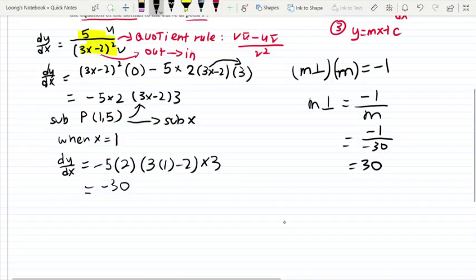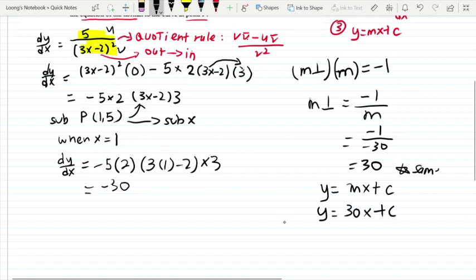Finally, to construct the equation, we use the formula y equals mx plus c, so y equals 1/30 x plus c, and they share the same point. So we just substitute P in here.